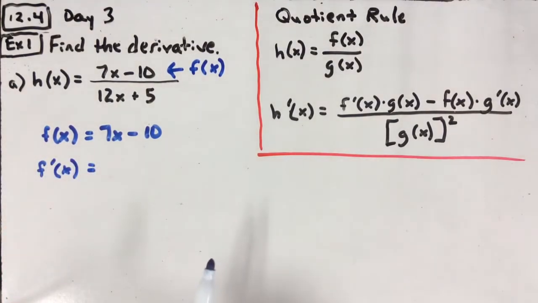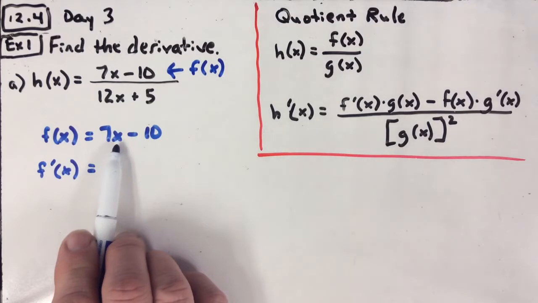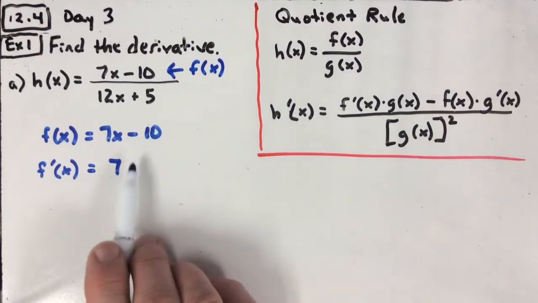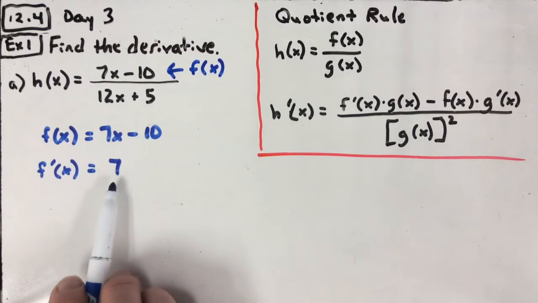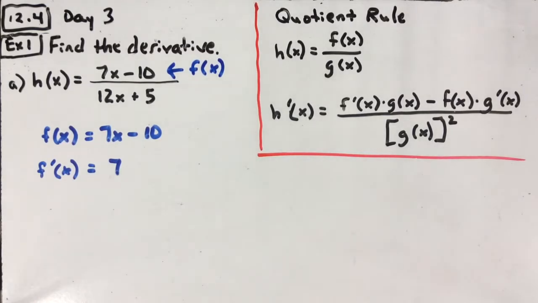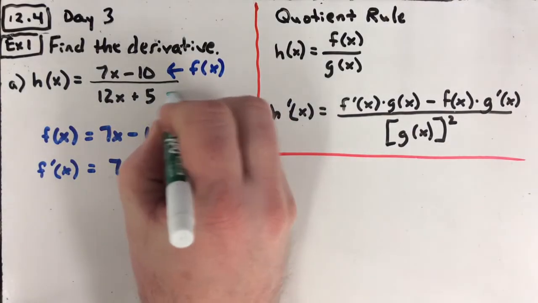Using our power rule shortcut from day number 1, I know if I do the derivative of a term that just has an x to the first power in it, the answer is just the number in front, and the derivative of a constant is 0. So when you do the derivative here of 7x minus 10, using our power rule, we get 7 plus 0, or just 7. That's 2 of the 4 things that we need to know.